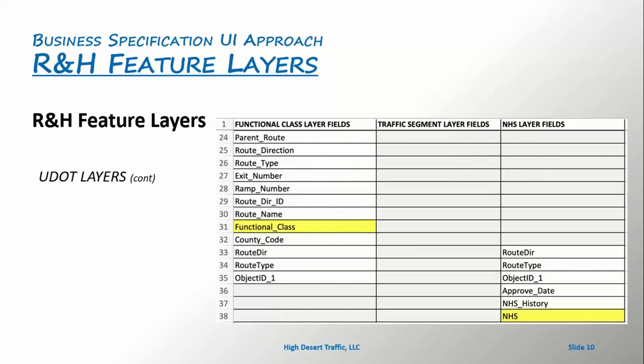So functional class is not an attribute that the business users in traffic maintain. They're not the authoritative source. The authoritative source for functional class may be your planning unit, maybe some other work area in your agency. So when that change is made, it's going to come in from roads and highways.